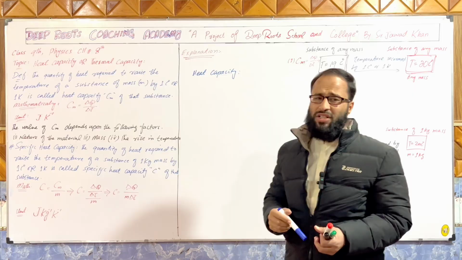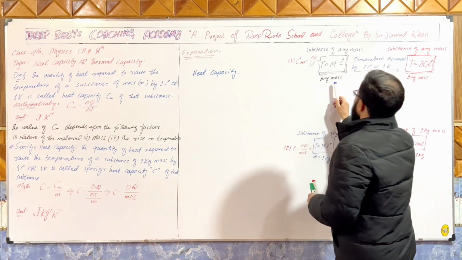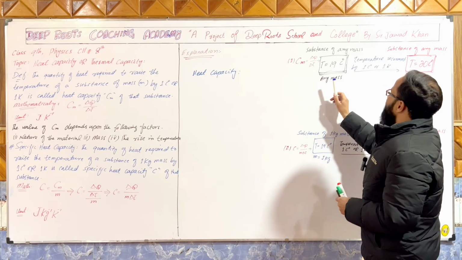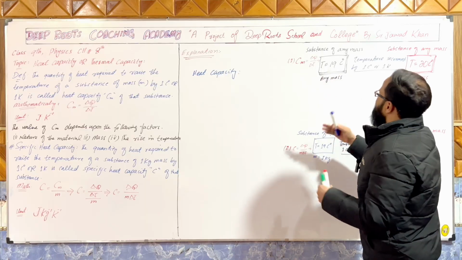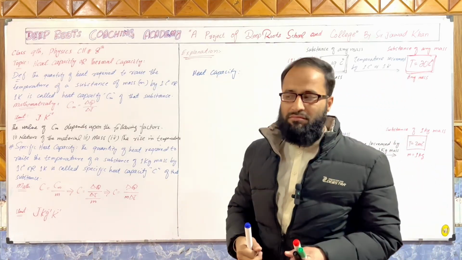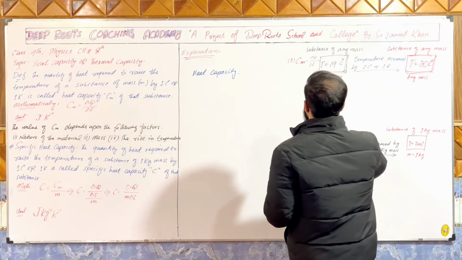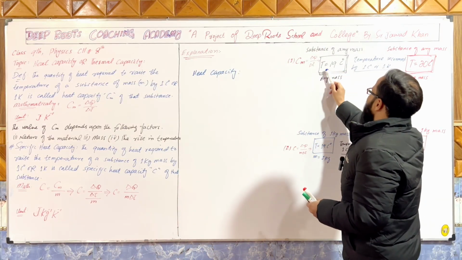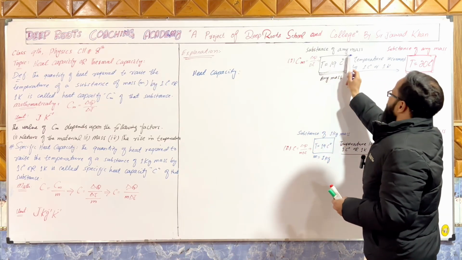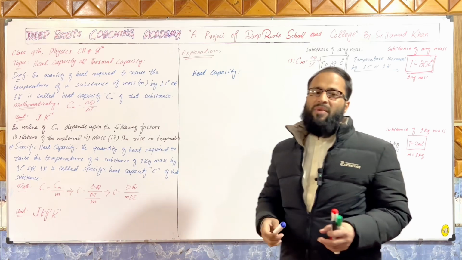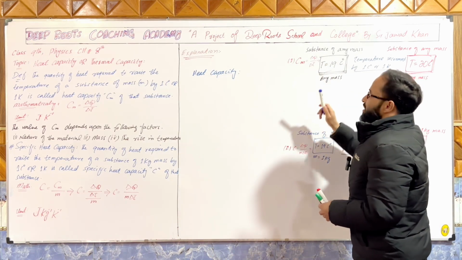As in the definition written here, if we have a substance of any mass, look here, any substance, anything, any material made of iron or copper or aluminum or any material it may be, and its temperature is 19 degree centigrade. So this material of any mass has temperature T equal to 19 degree centigrade.